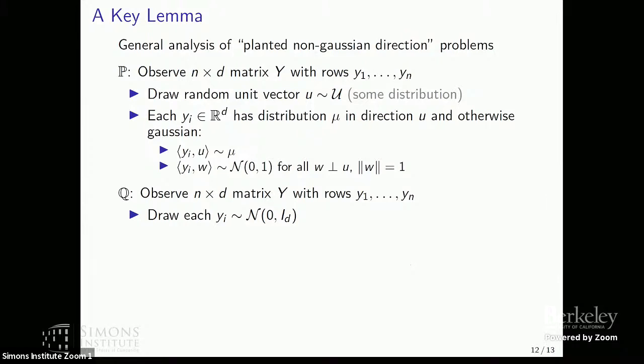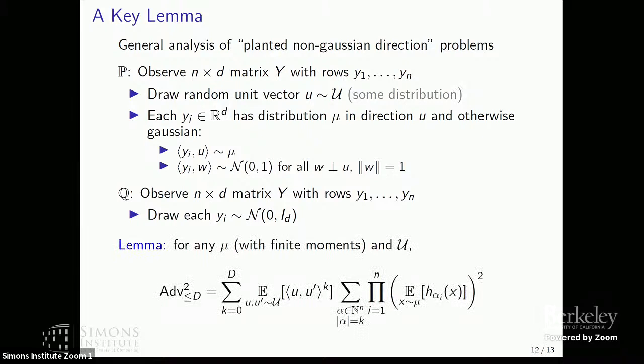Okay, here is one last technical lemma that gets a little bit into the proof. So if you remember the general setup that I talked about, where you have these IID samples that have a specific distribution in one direction and Gaussian everywhere else. And I'll make it even a bit more general by saying that the planted direction itself can be drawn from whatever prior you like.